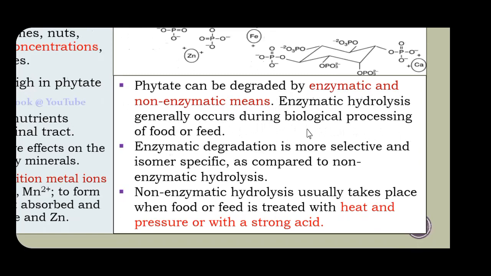Here you break down the phytate with the help of the enzyme, and you make that food or feed suitable for non-ruminants and human beings, who can then consume and absorb the phytate and phosphorus, and it also leads to the absorption of the transition metals and other essential dietary nutrients.